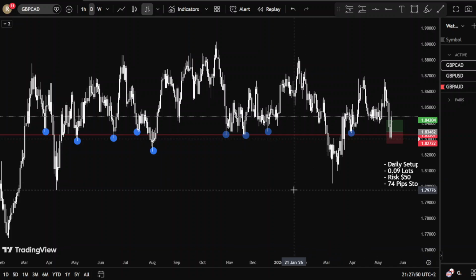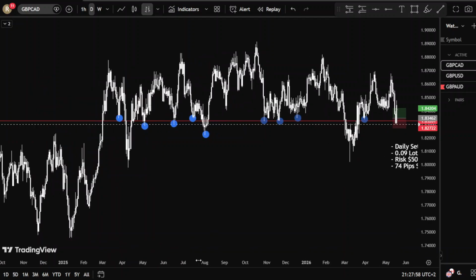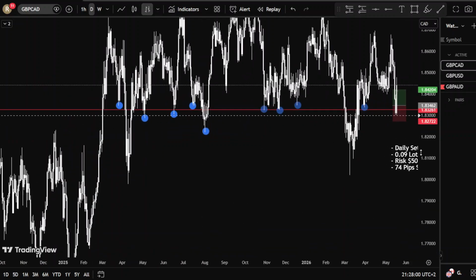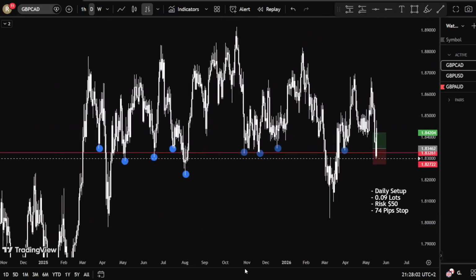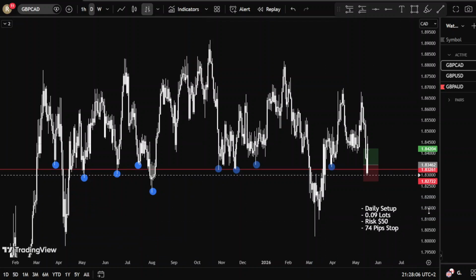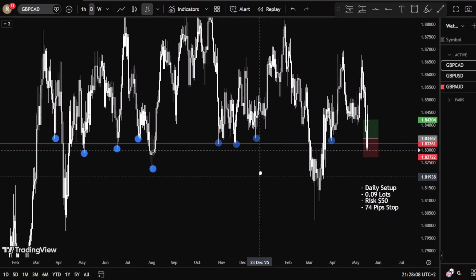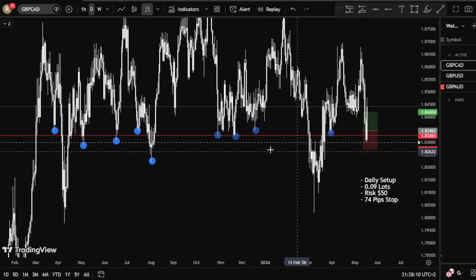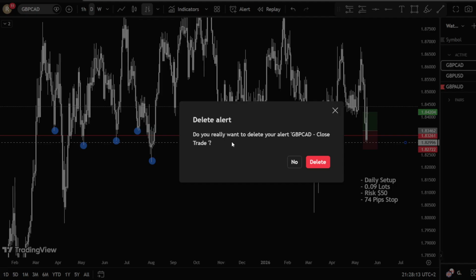Okay, we're on the charts. First off, we're going to look at GBP CAD. The strategy is very easy to understand, but you have to be patient and you have to set your alerts and then wait for it to hit and then start looking at the trade.